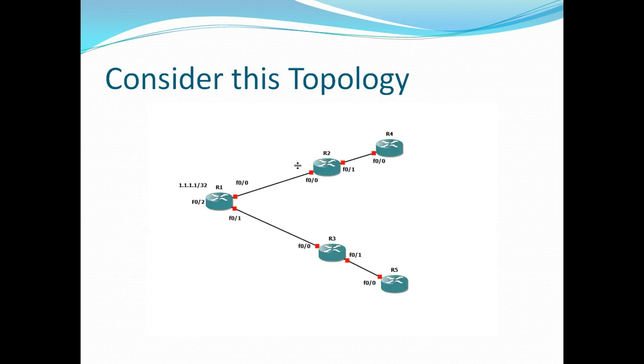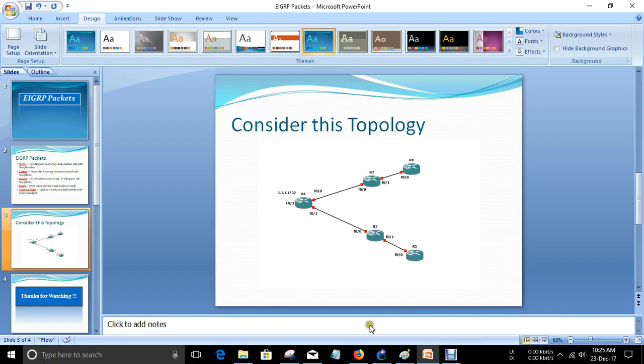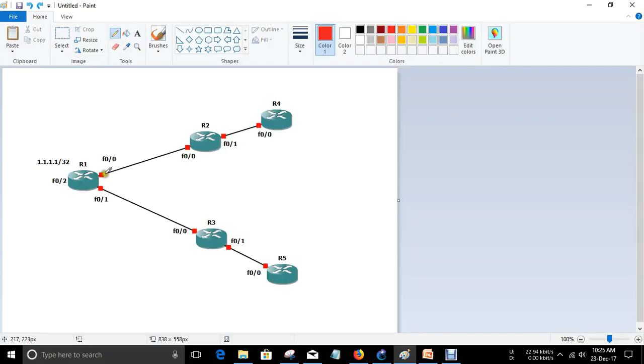Let's see this in terms of topology. This is the topology that we are using. Let's consider R1 and R2. Once they send hello packets between these two ends and receive hello packets, they will form a neighborship. So the hello packet gets over. Next is the update packet.